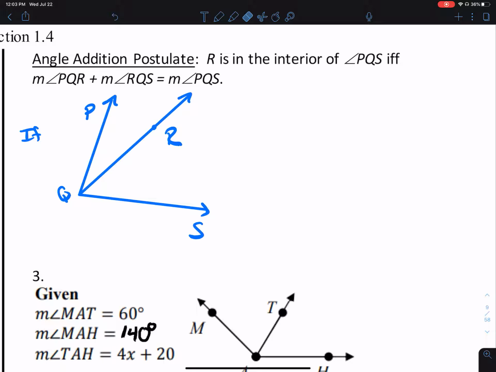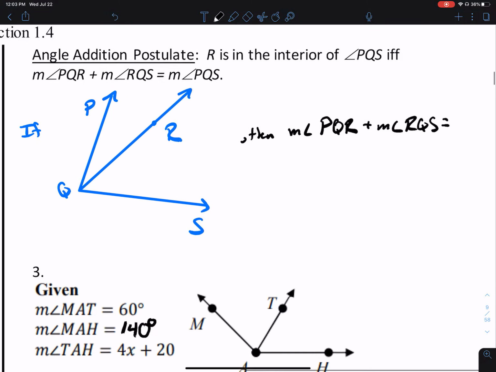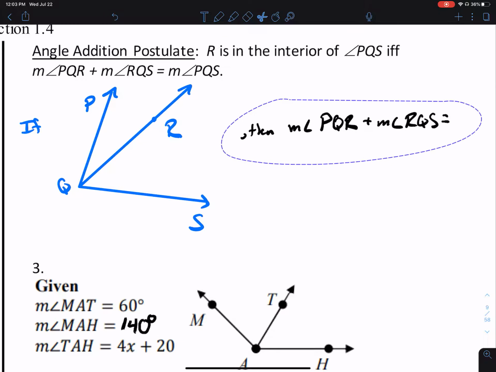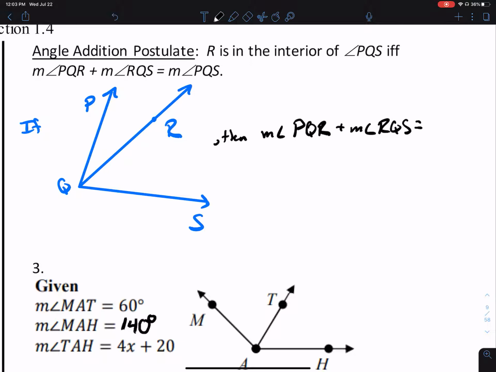Then the conclusion we can draw from this is that the measure of angle PQR plus the measure of angle RQS equals the measure of angle PQS.